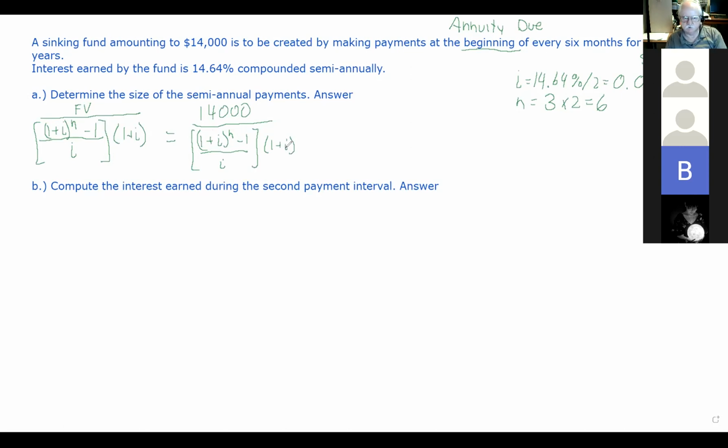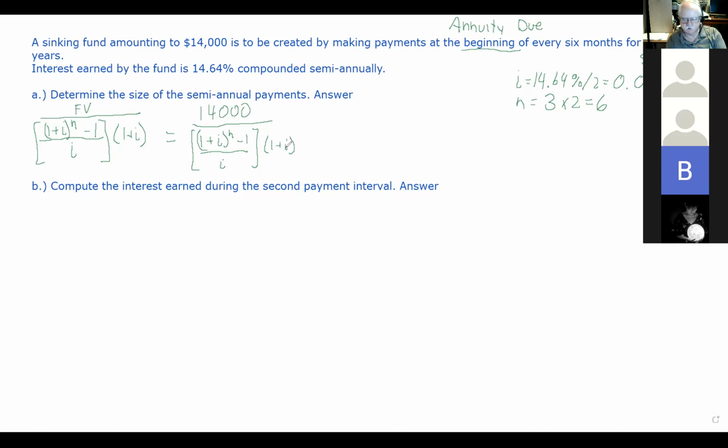So let's see where we're going to start here. Recall 1 is our I plus 1. Y to the X, N we decided was 6. And then minus 1. And then divided by recall 1. And then times in brackets 1 plus recall 1 end of bracket equals.